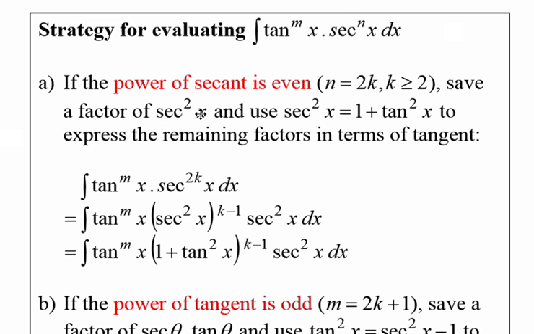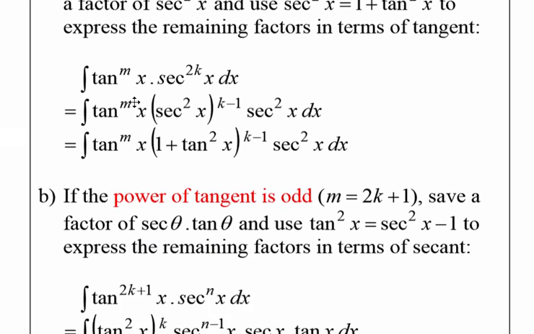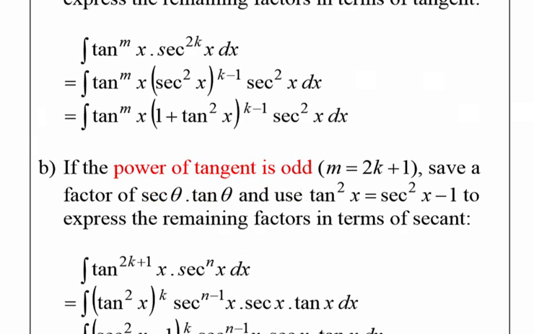We save that factor so that we can replace it with 1 plus tan squared theta, so that the remaining factors can be expressed in terms of tangent. You'll see if you work this out, that becomes 2k minus 2 plus 2, which gets us back to 2k, so you can check. The most important thing is that you take that sec squared x and replace it with 1 plus tan squared x. Times everything in, integrate by inspection.